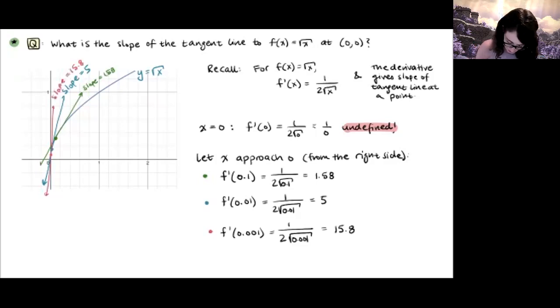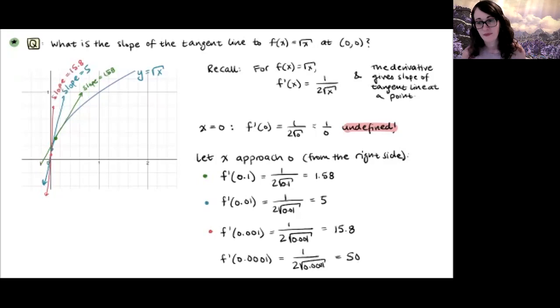We won't sketch it in, but let's check one more, like 0.0001. That's really, really close to 0. When we do that, we get 50. So that would be a really steep line, somewhere here on the curve, and it's almost vertical. It's very steep.